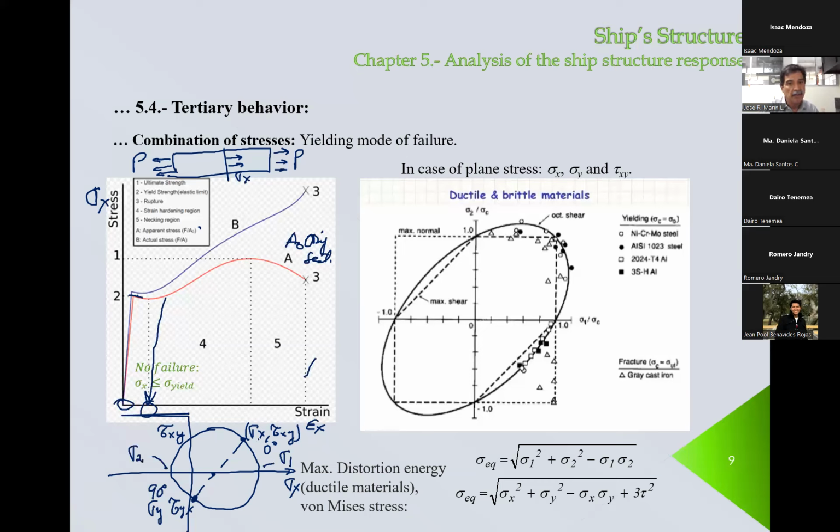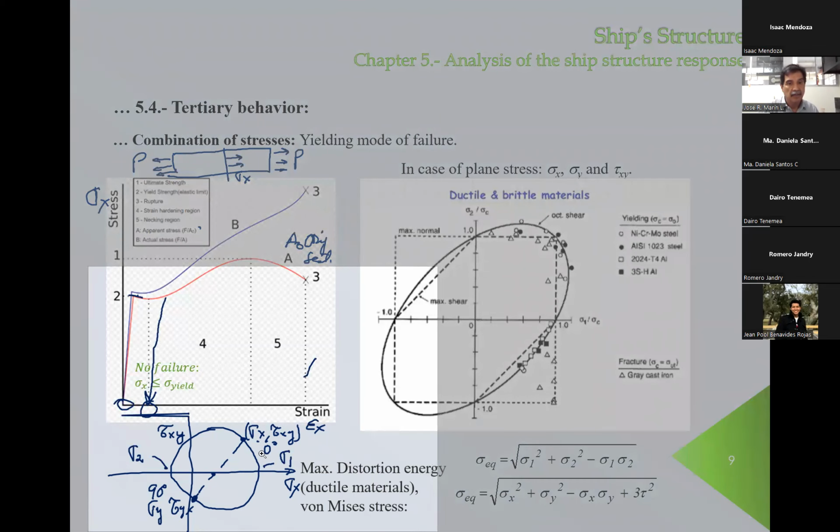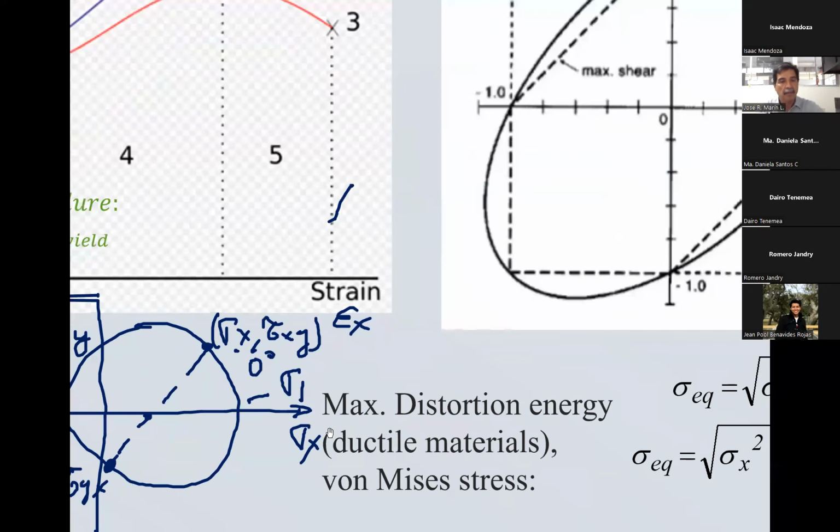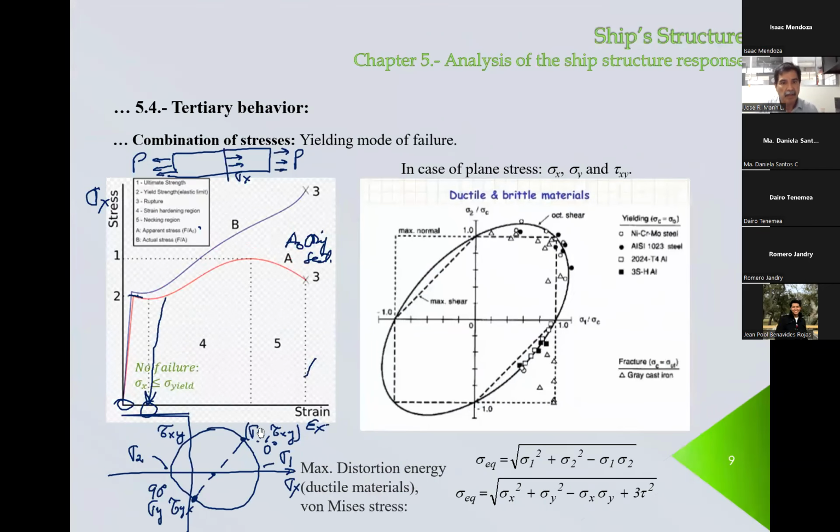If I give you sigma x, sigma y, and tau xy, you could develop this circle and you can calculate sigma 1 and sigma 2, or you can directly employ this equation with sigma x, sigma y, and tau xy and calculate the equivalent von Mises stress. Both cases are equivalent.